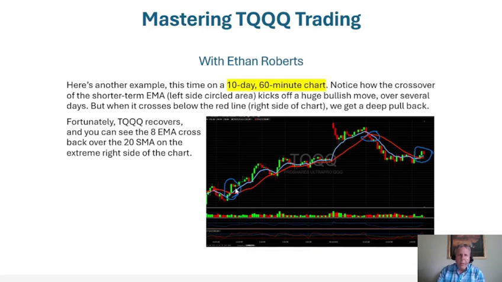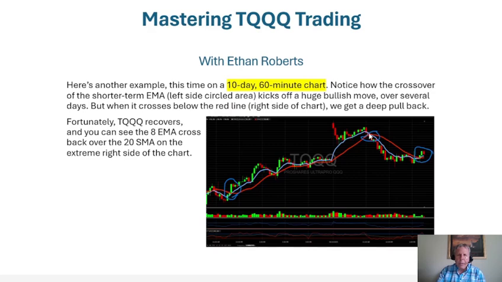Right here we have our first crossover, the blue line crossing over the red line, leading to much higher prices. We pull back a little bit, we're going higher, and then we have this gap up day where we go really high, but it's followed by a cross below.